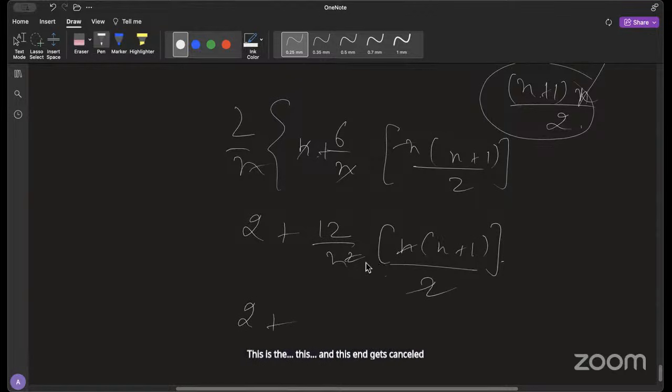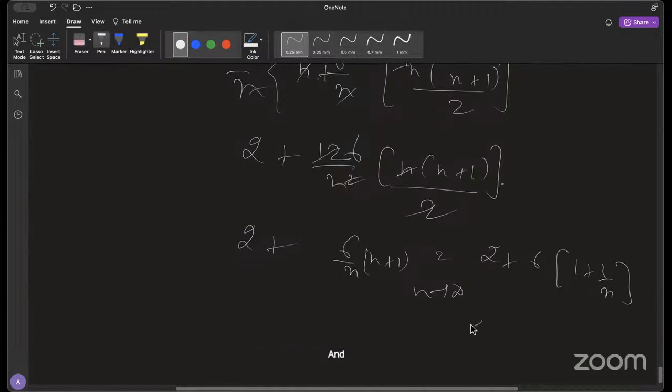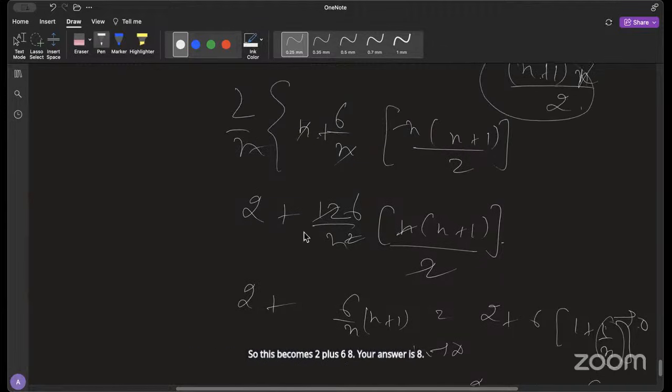You have 2 plus 6 by n plus 1, and then you can take n tending to infinity. You can write this as 2 plus 6 into 1 plus 1 by n, and when n tends to infinity, 1 by n tends to 0. So this becomes 2 plus 6, 8. So our answer is 8.